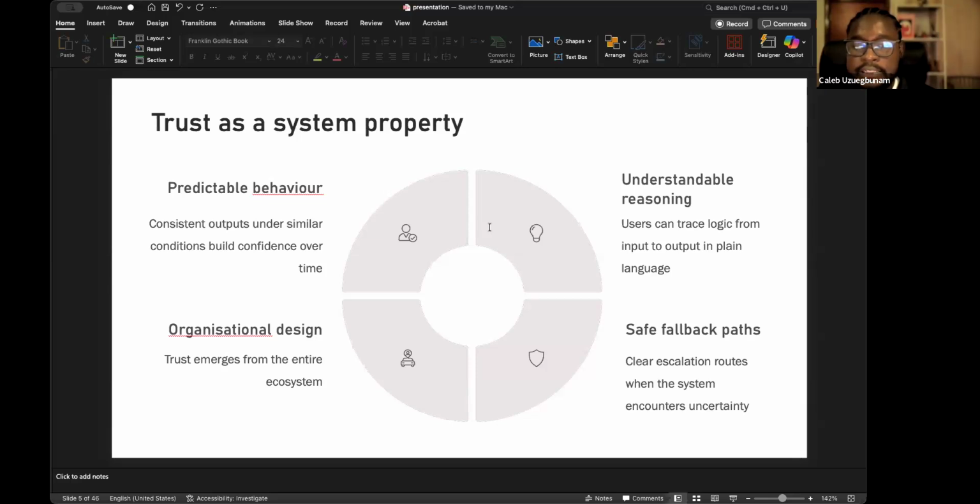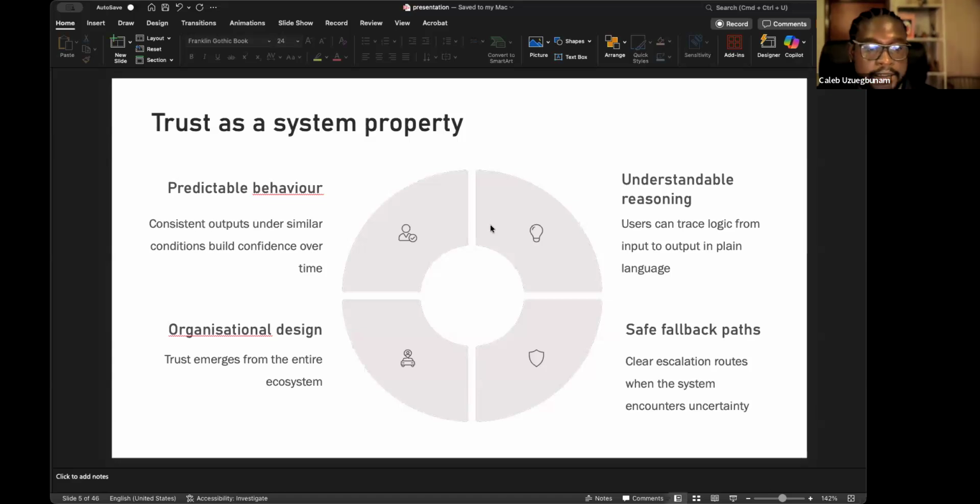The second thing is that the reasoning behind an output, that's the logic an AI decides to use to answer a question or to provide an output to your data, is easily understandable. One, it is easy to trace. And then when you can see that reasoning, it's actually easy to pass so that you can identify areas where the AI may have hallucinated or went off on a wild goose chase, and you can get the AI back on track.